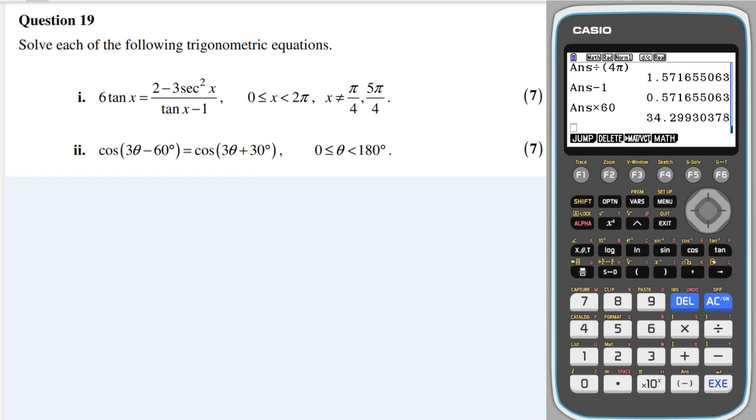Okay, trig equations. This one looks juicy. Right, we'll take this and we'll multiply it to the other side, which will give me 6 tan squared x minus 6 tan x is equal to 2 minus, and that's going to be 3, and sec squared is 1 plus tan squared.